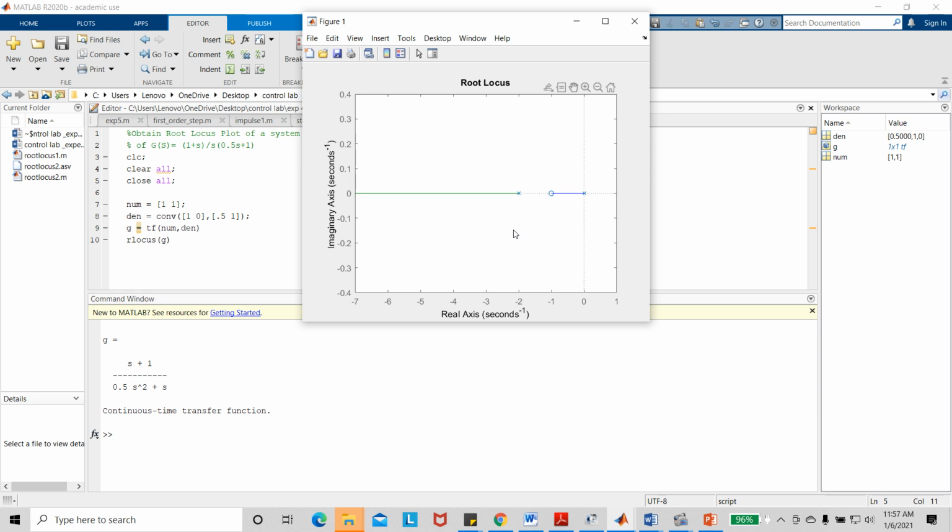Here I am not explaining the rules of root locus, but the system's dynamic characteristics change with respect to the constant, that is gain. So these are the system's dynamic characteristics.